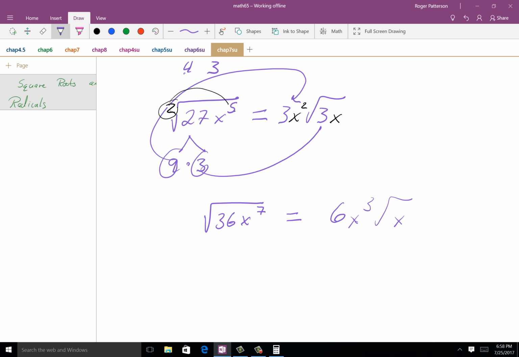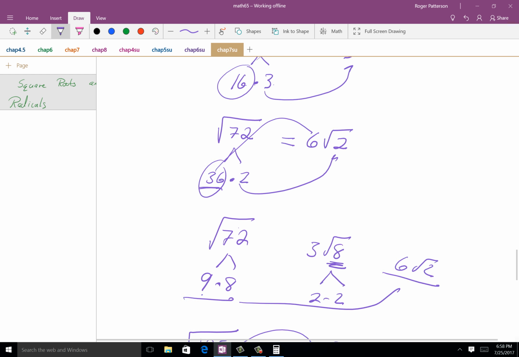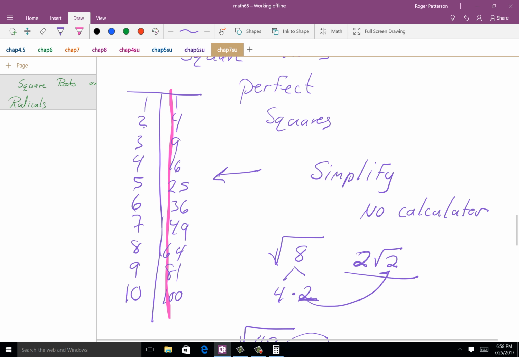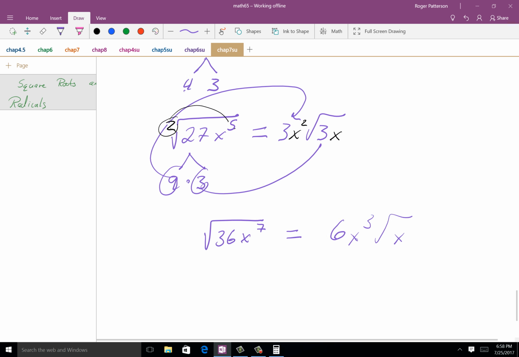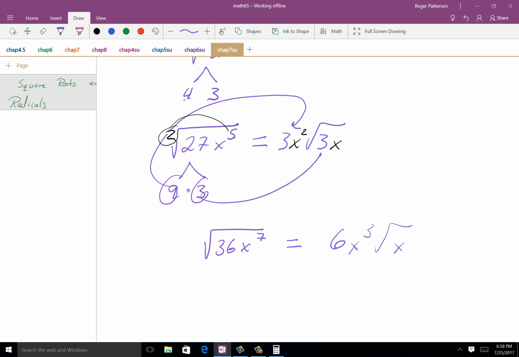Remember, you're only using these numbers here. I'd have those numbers written down someplace on a piece of paper, so that when you're simplifying square roots, you're looking at them.